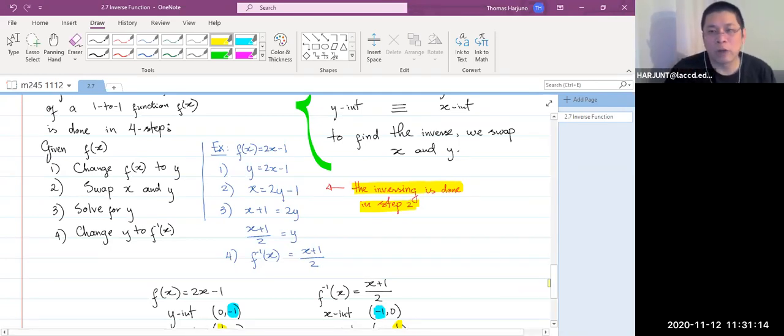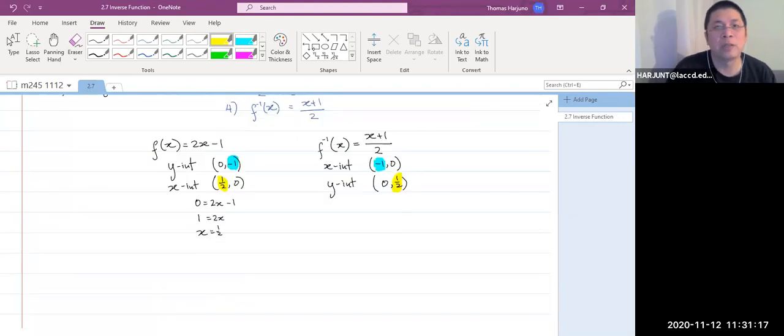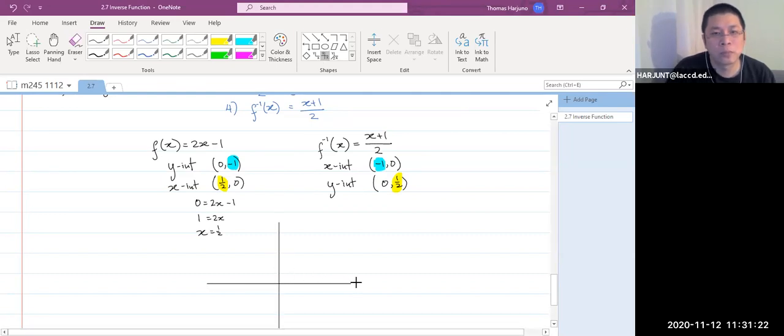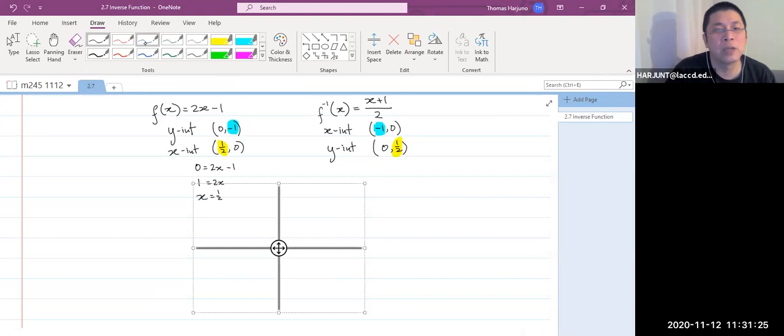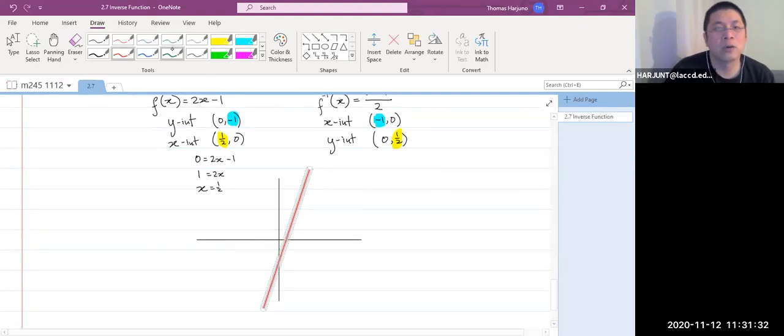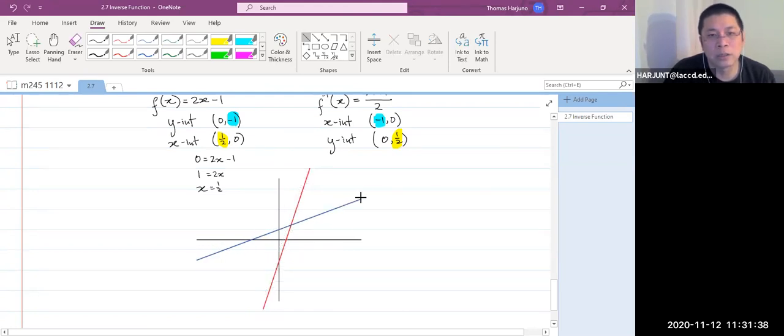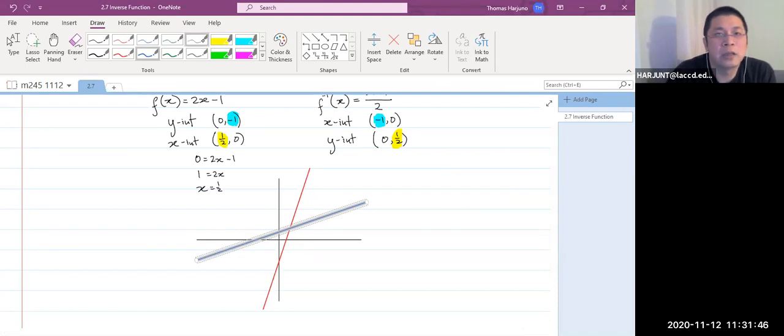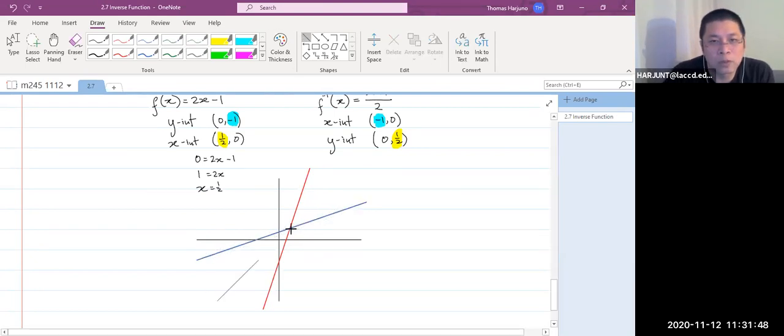Now, if we graph both of these functions on the same coordinate plane, let's say this is 2x - 1. Then (x + 1)/2 will look like this. That is the reflection of the graph with respect to the line y = x.